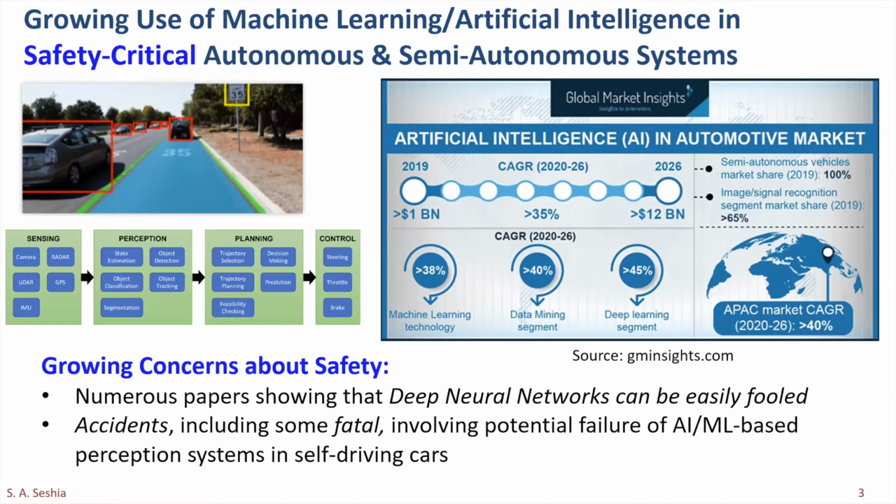At the same time, there are growing concerns about safety. We've seen in the literature numerous papers, including from the formal verification community, showing that deep neural networks can be easily fooled or produce wrong results. And unfortunately, there have been accidents, including some fatal accidents, involving potentially the failure of AI and ML-based components.